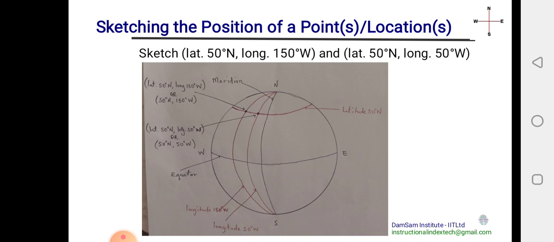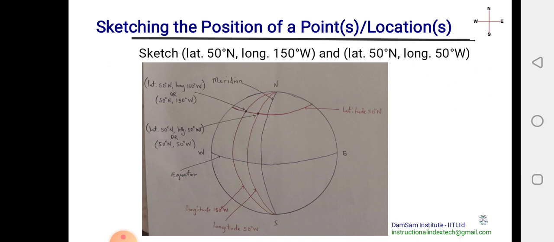Look carefully at latitude 50 degrees north. We are drawing it close to the north. In case another question asks us to draw latitude maybe 50 degrees south, we have to draw it close to the south, just as it is. But this one requires us to draw it close to the north, which we have done.